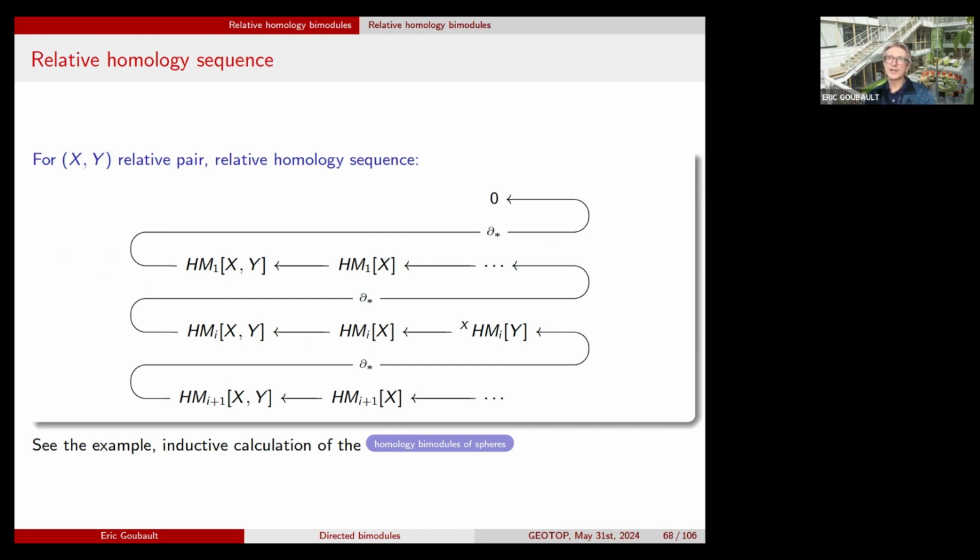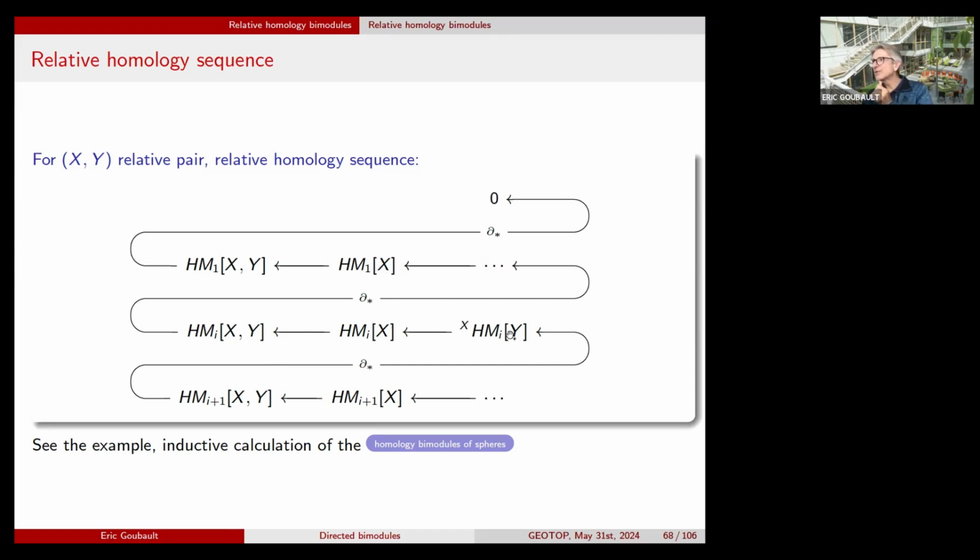It will actually respect co-kernels, and as the construction is a tensor product construction, and as we are only having free, hence flat, bimodules, we'll have extra exactness properties which will allow us to find the following relative homology sequence, which is almost the one you know. So this is the homology module of the relative pair. This is the homology module we had before, the full space.